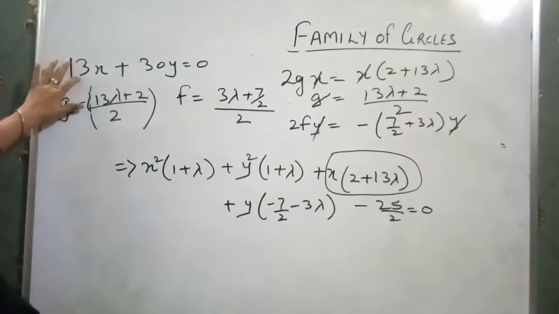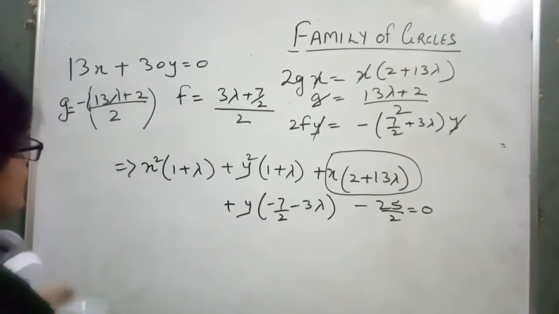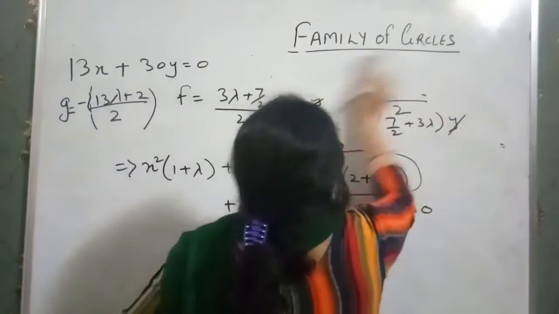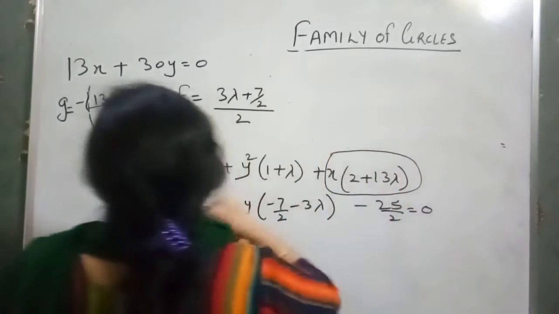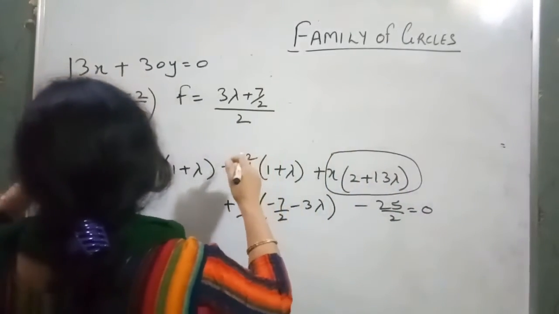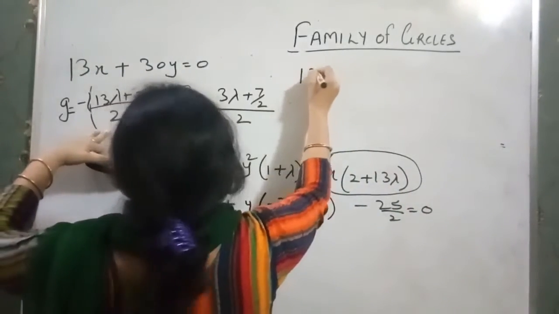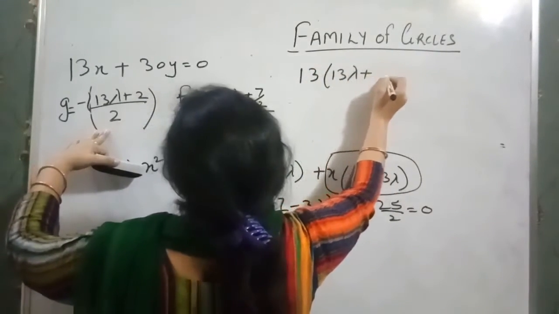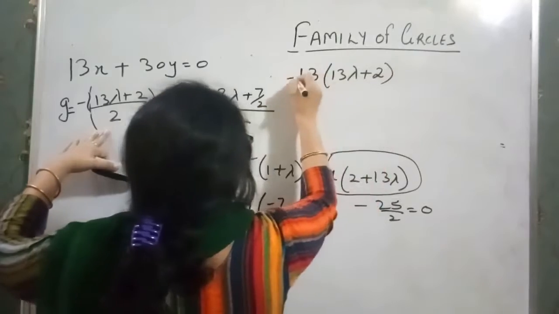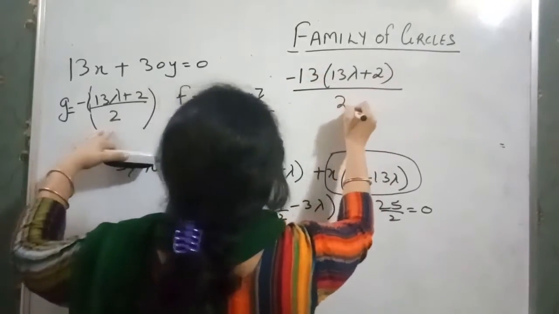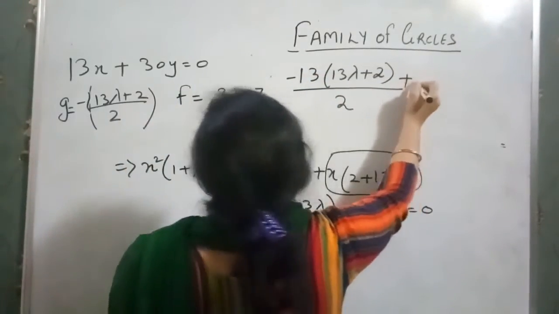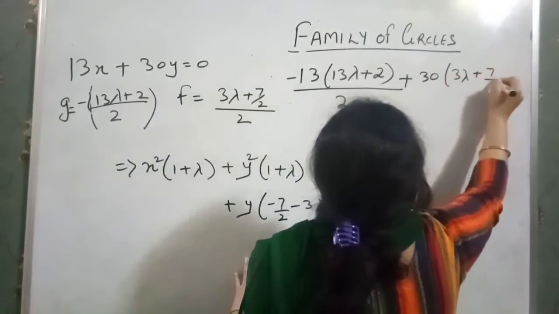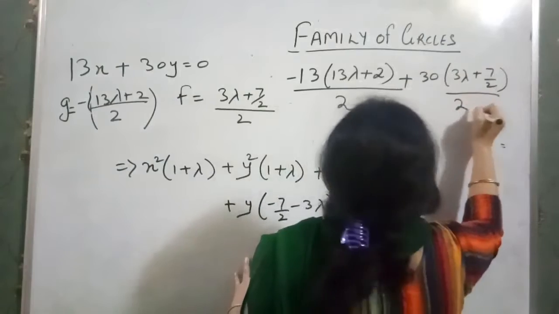These two values lie in this equation. I don't have a lot of space, so I have 13x plus 30y is equal to 0. That means we multiply (13 lambda plus 2) with the minus sign, over 2, plus 30y plus 30 into (3 lambda plus 7 over 2) over 2, which is equal to 0.